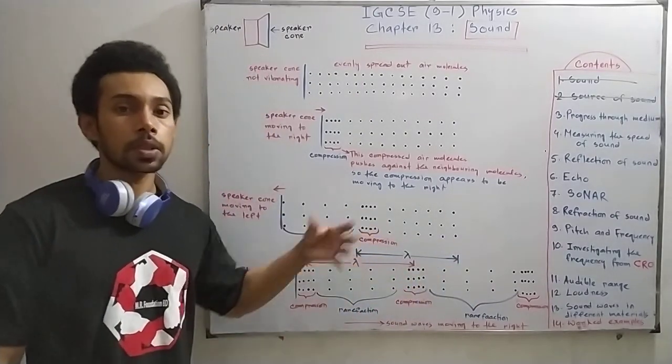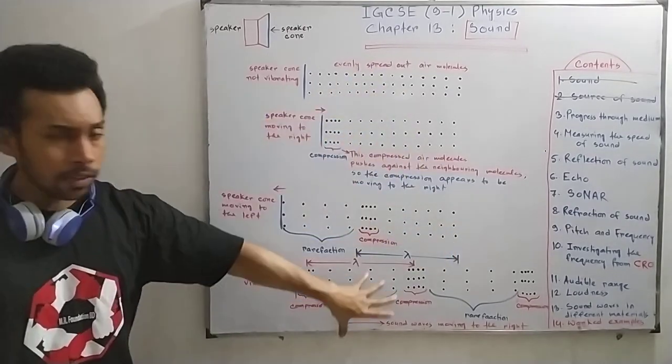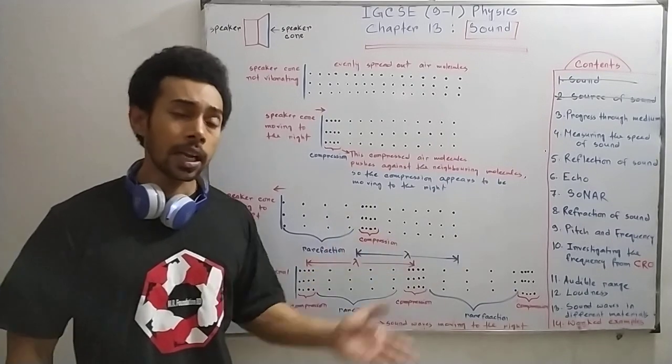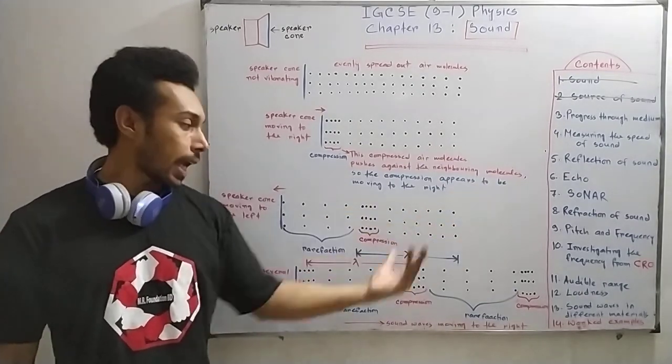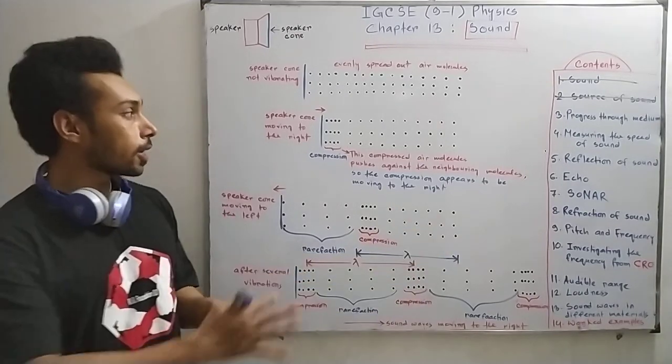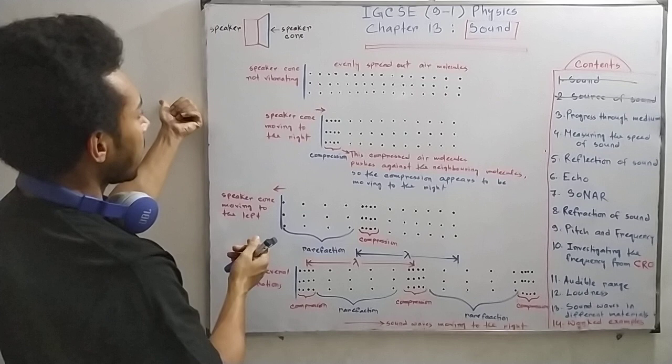Actually, this is how sound travels through any sort of medium. I've explained how sound travels through air, and sound travels through liquid or solid in the same way. And the same thing happens towards the right.